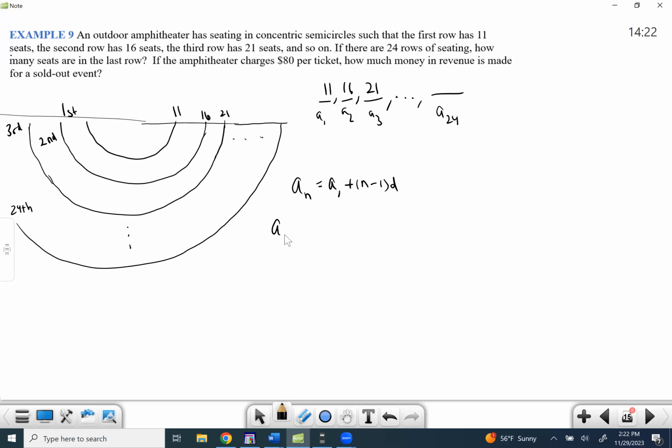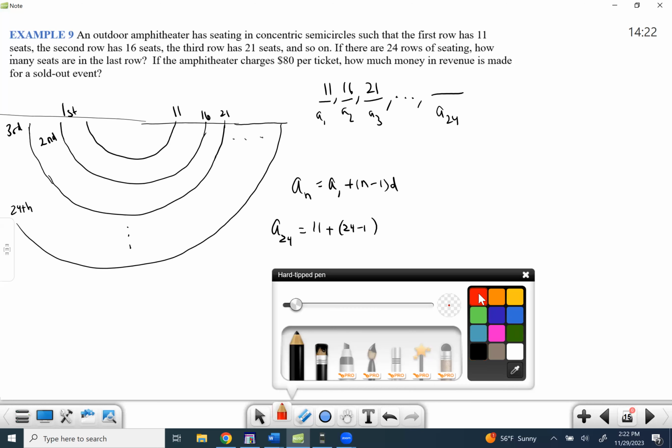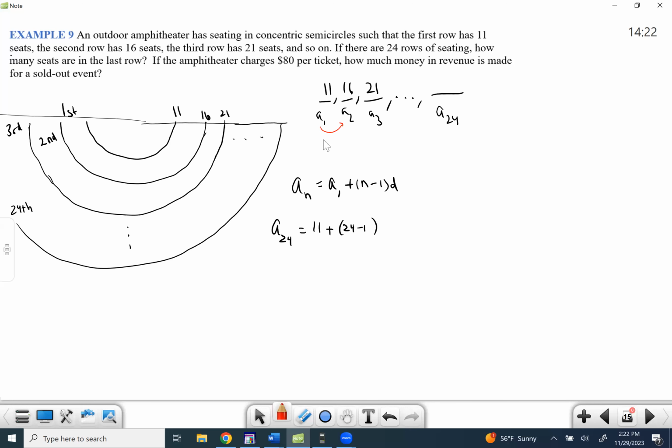Okay, so we want the 24th. So n is 24. We know a sub 1 is 11. Now the common difference each time, well, it looks like we're going up by 4. No, by 5. Yeah, by 5. So the common difference is going to be 5.